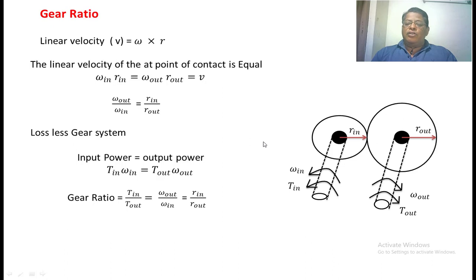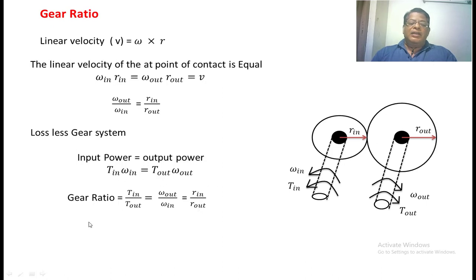If we neglect the losses in a gearbox, then input power equals output power. So whatever torque is applied at the input, that is T_in times omega_in, equals T_out times omega_out. If we find the ratio between the input torque to the output torque, that is equal to the angular velocity of the wheel at output divided by the angular velocity of the wheel at input, which is equal to the radius of the input wheel to the radius of the output wheel.